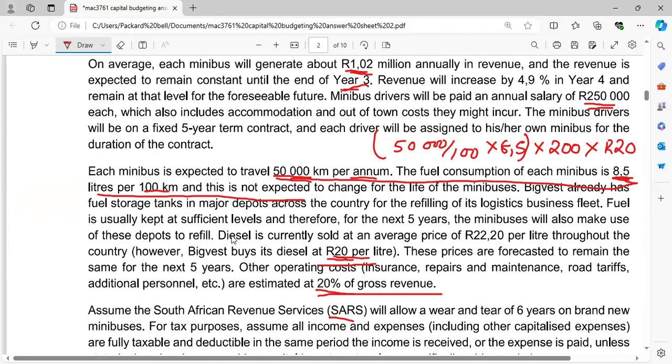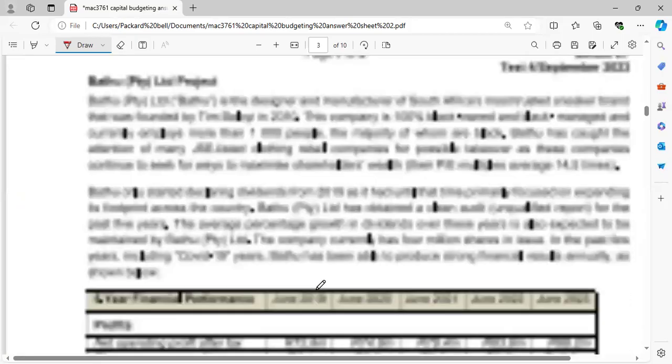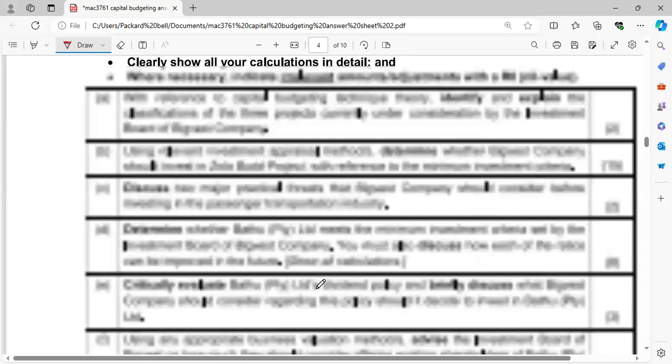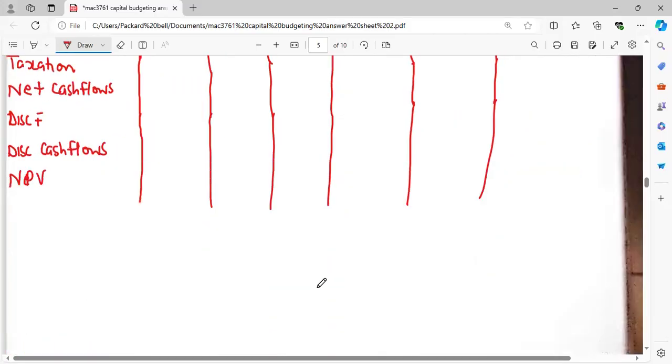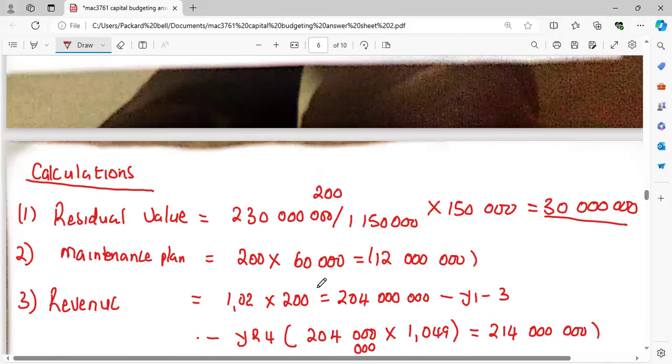Right, the operating cost is estimated to be 20% of gross revenue. So in our operating costs, remember our revenue is 204 million and 214 million.